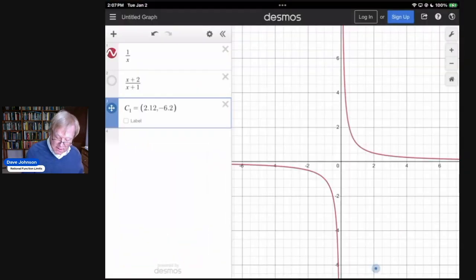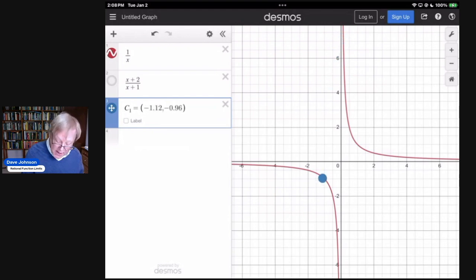Now, let me just very quickly show you the Desmos graph corresponding to these. So the 1 over x, you can see that as x gets larger, 1 over x gets smaller and approaches the horizontal asymptote. As x gets smaller but positive, the 1 over x is going to get larger and larger and approaches the vertical asymptote.